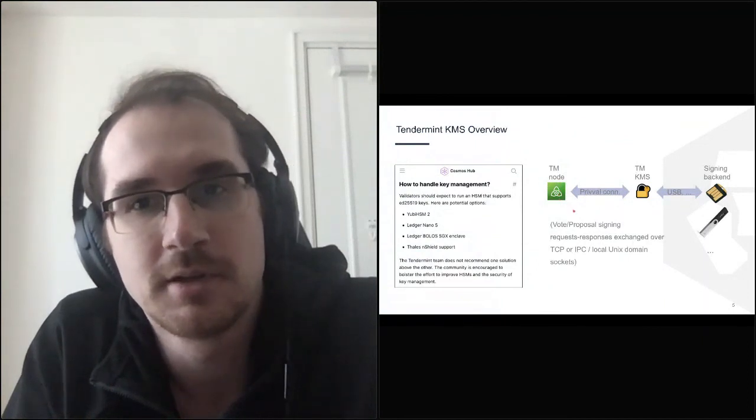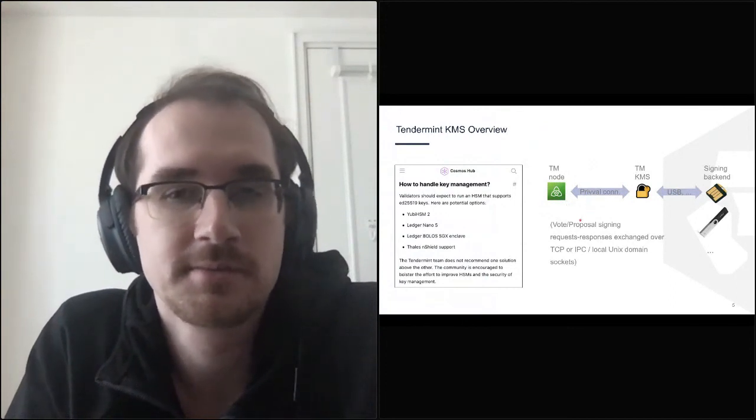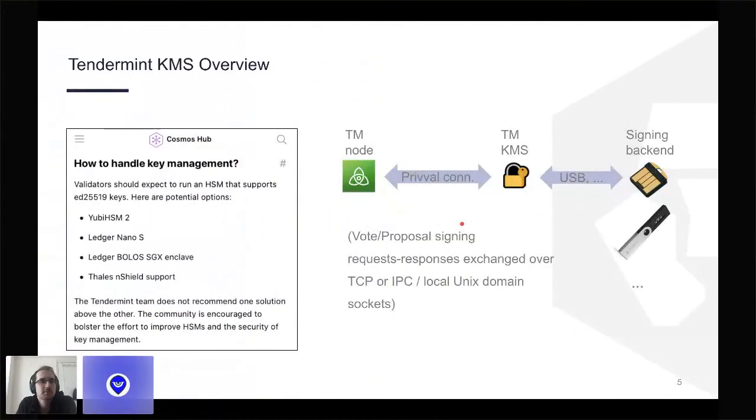But for a more robust setup, Tendermint provides this privval interface, which is then used to sign these messages. And Tendermint KMS is a reference implementation for this signing interface. It provides various backends that serve as the front end to this privval.